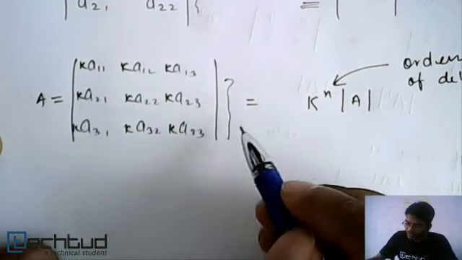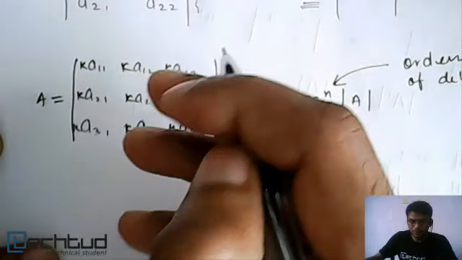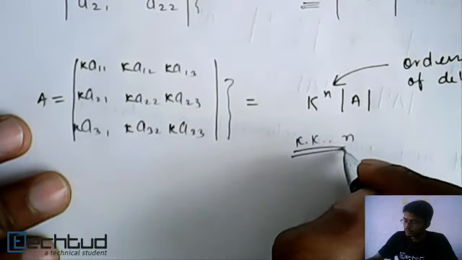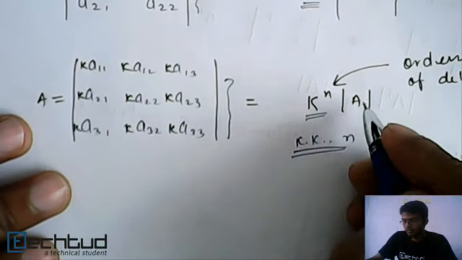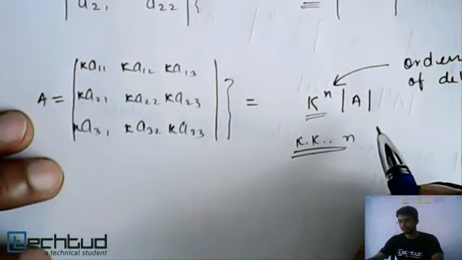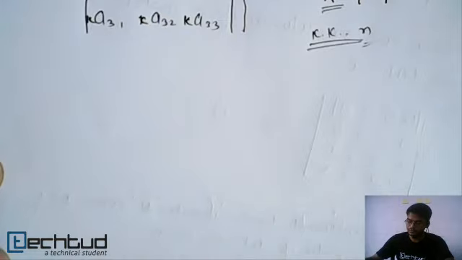From each row, k will come out, that is n times. So this will turn out to be k to the power n multiplied with the original value of the determinant. Okay, so this was the fourth property.